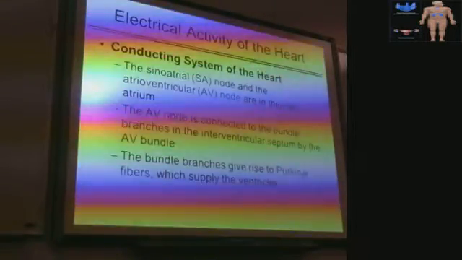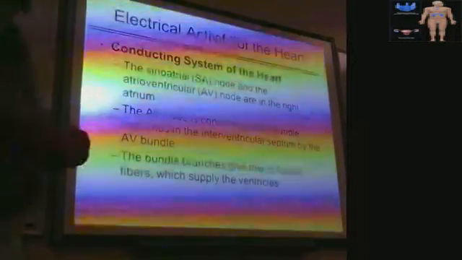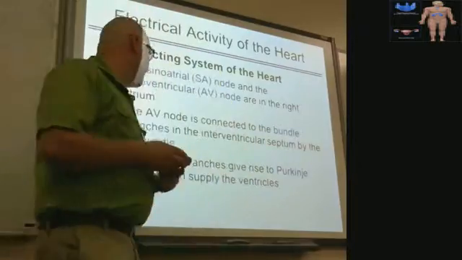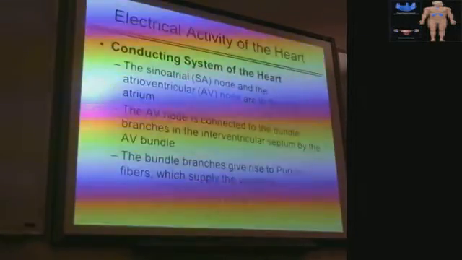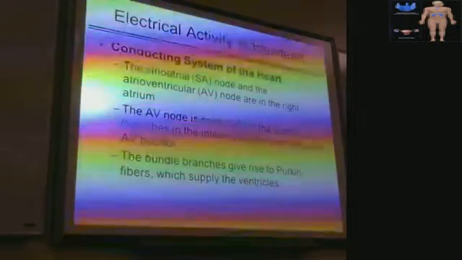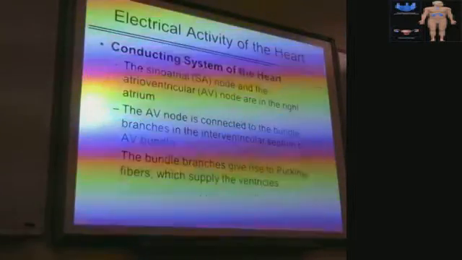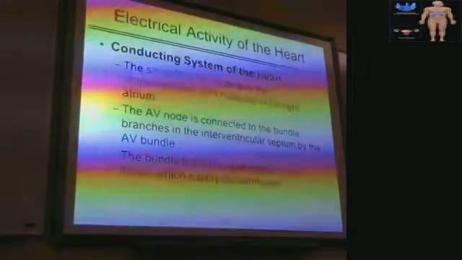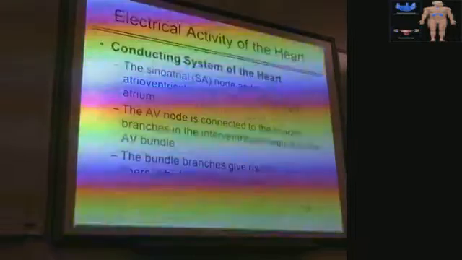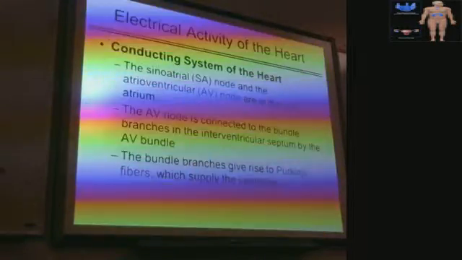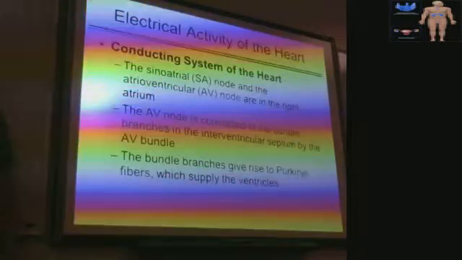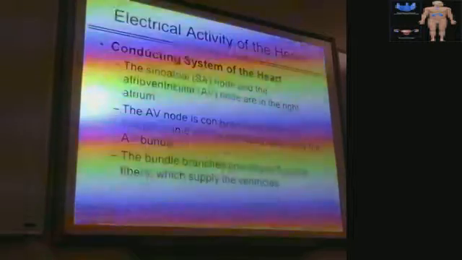If you've ever heard someone say they had a bundle branch block, bundle branch blocks can show up very well on EKGs, because if that is blocked, then the ventricles are not getting what is needed. The bundle branches then give rise to Purkinje fibers, which will supply the ventricles.